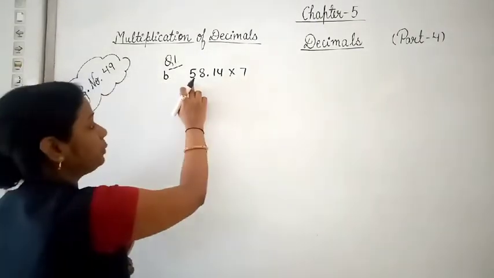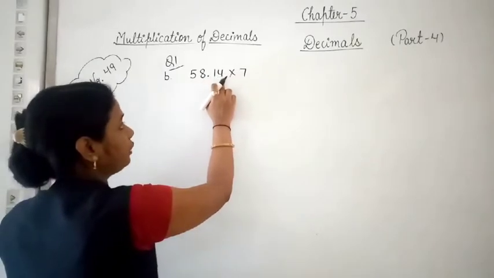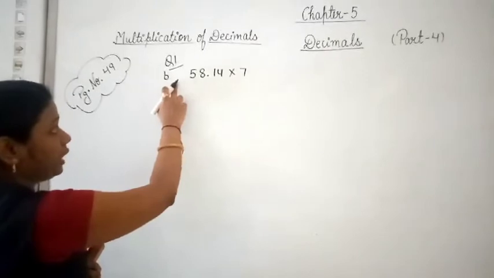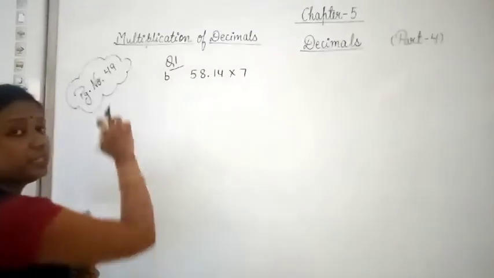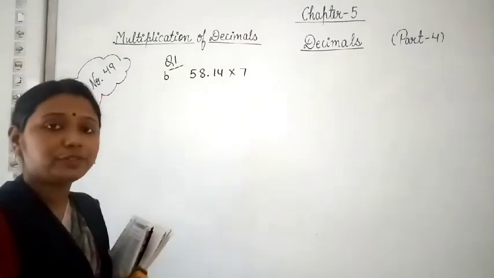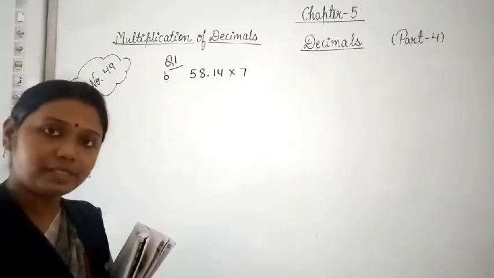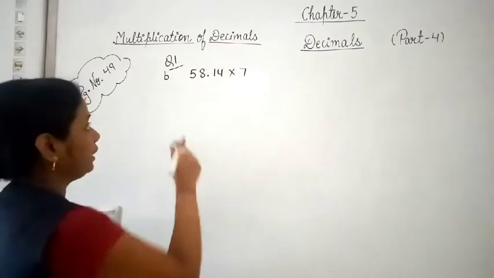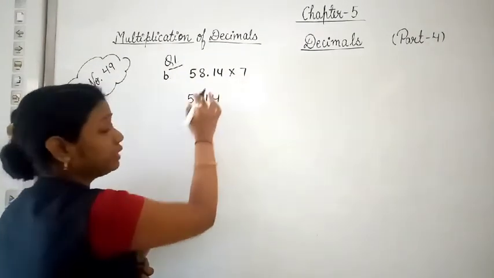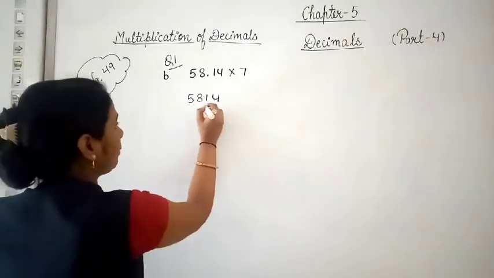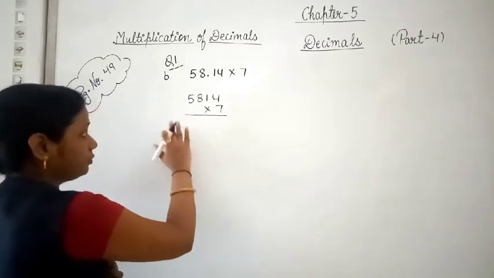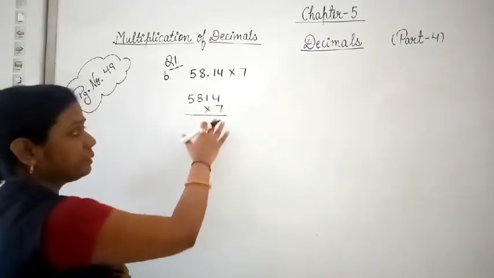Here I have to multiply 58.14 by 7. This is question number 1, B part of your maths book, and the page number is 49. So instead of multiplying 58.14 by 7, I will first multiply the number 5814 by 7 without writing the decimal point, because I am confident enough to multiply this number.